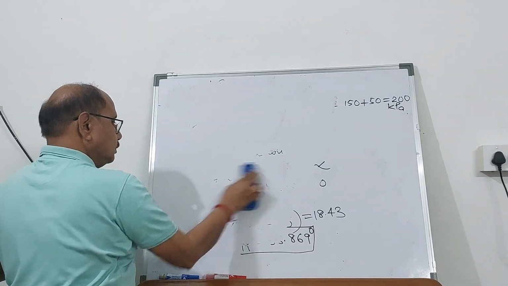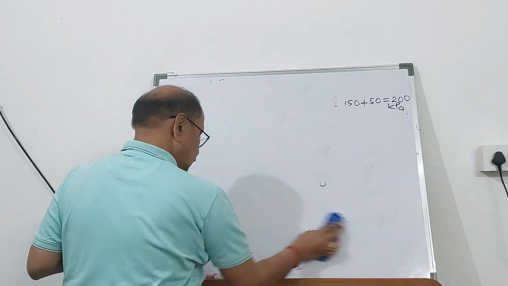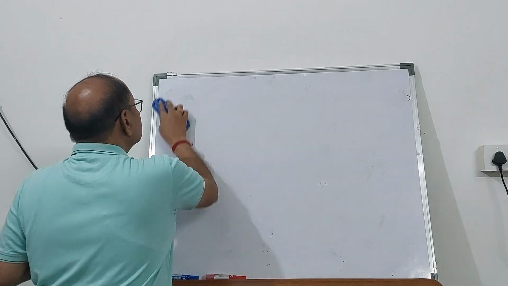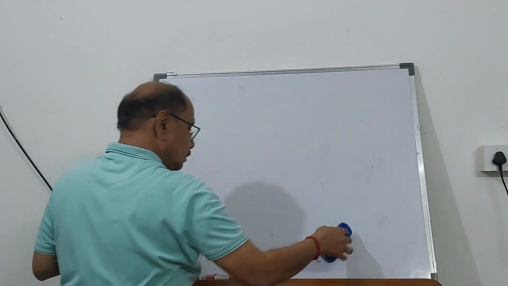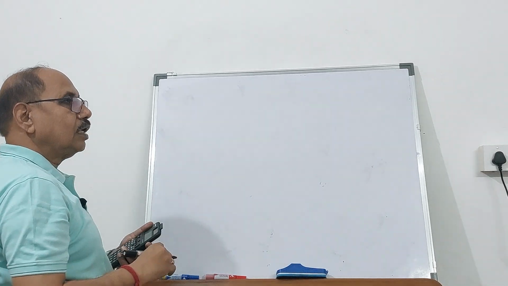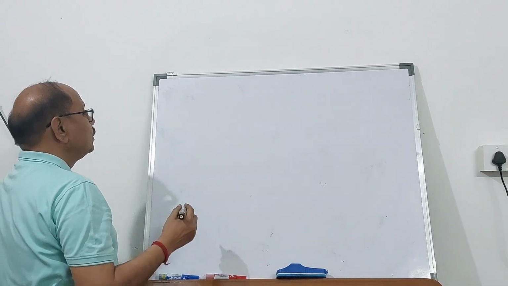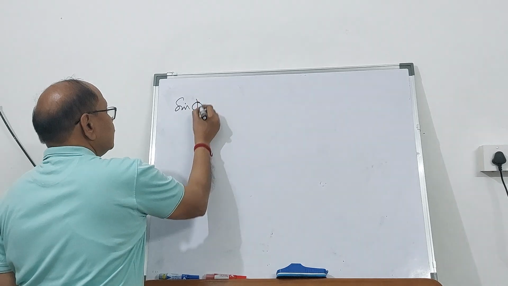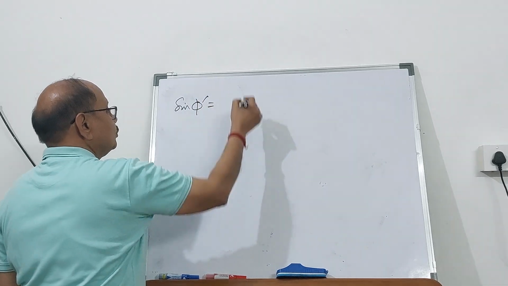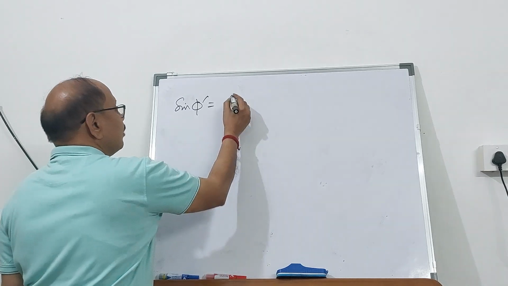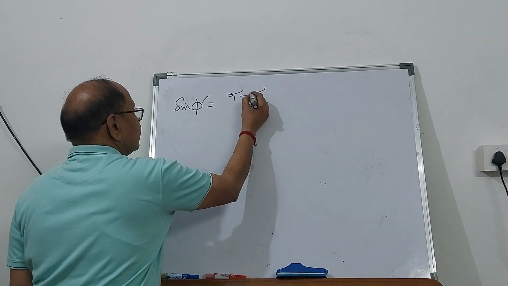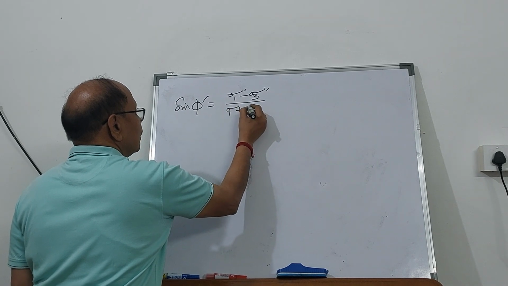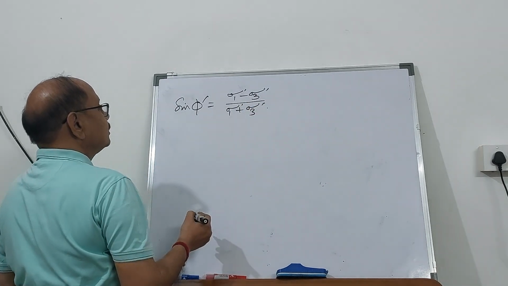And you can also use this: sine phi prime equals sigma 1 minus sigma 3 divided by sigma 1 plus sigma 3.